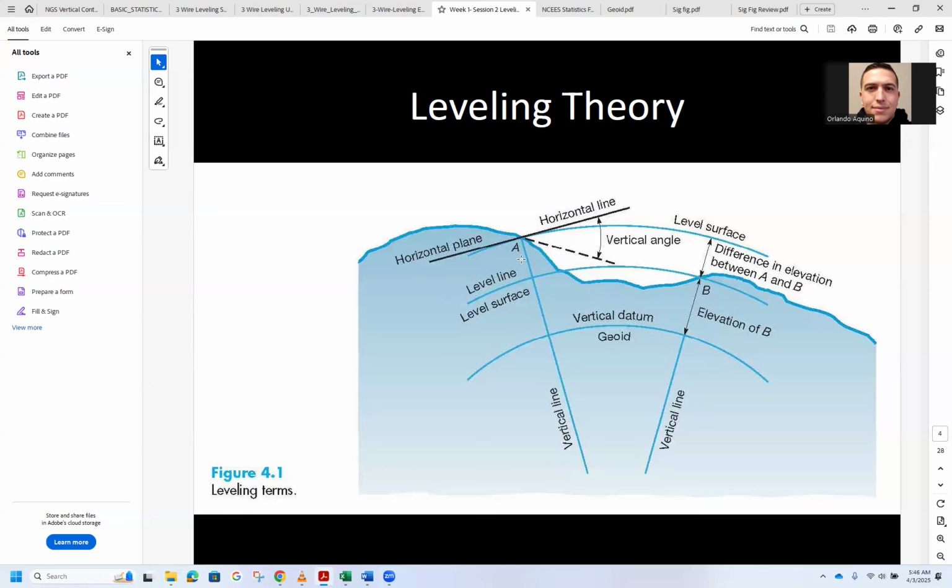Vertical datum: any level surface to which elevations are referenced. Elevation: the distance measured along a vertical line from a vertical datum. Oh, sorry, I forgot one key part on the vertical datum. This is the surface that is assigned an elevation of zero, right?